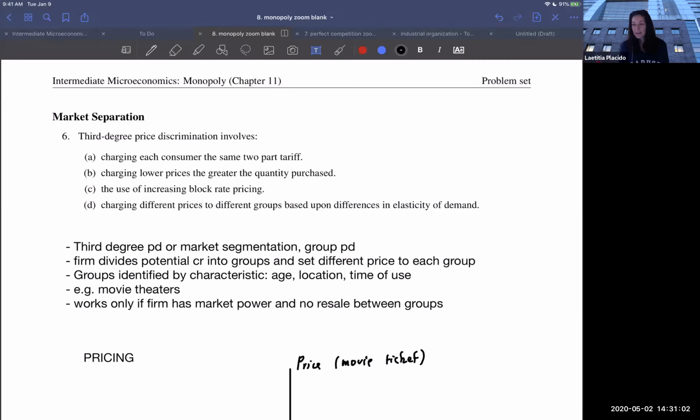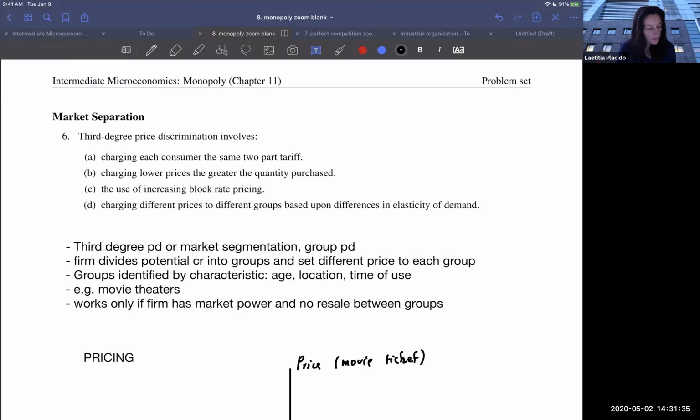All right. So I'm gonna start with question 6 of the problem set. So just to remind you about what we've done on Wednesday. On Wednesday, we finished the session with perfect price discrimination, which is also called first degree price discrimination.